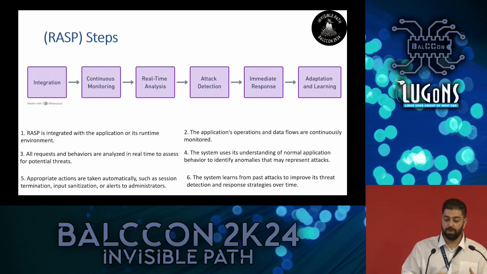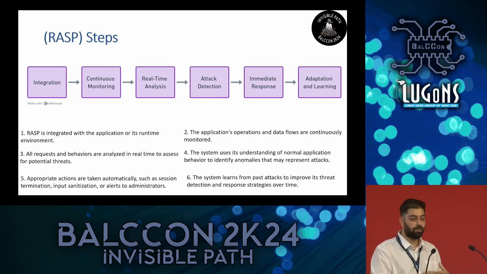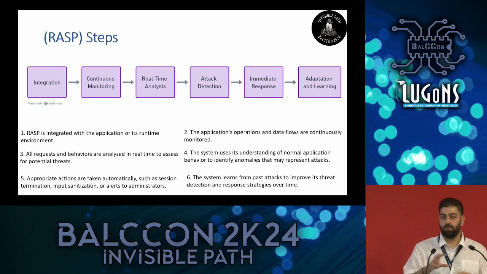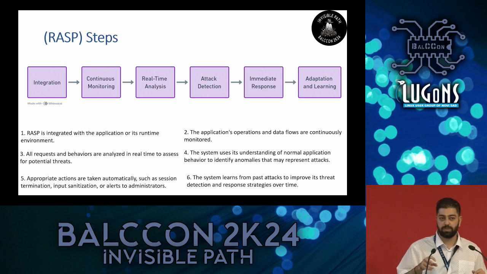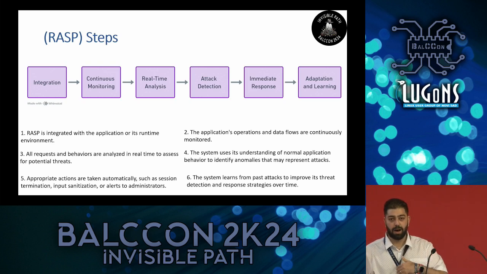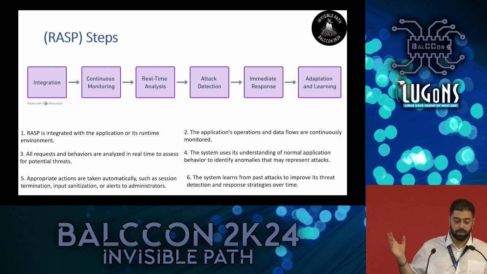You must be able to continuously monitor the environment to look for any kind of technical issues, and the RASP functions must be able to read the data flows, incoming and outbound traffic, and any internal activities must be included as well. The third one is real-time analysis, and within the real-time analysis, RASP is going to find and understand what's going on there.